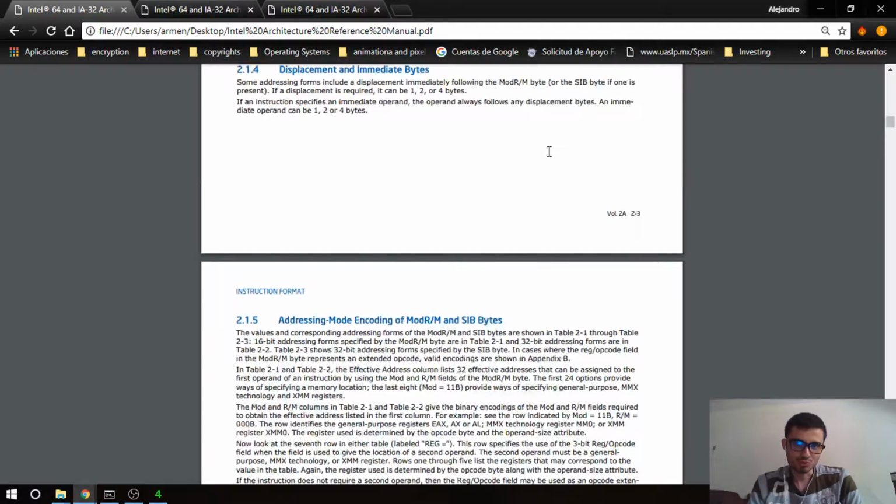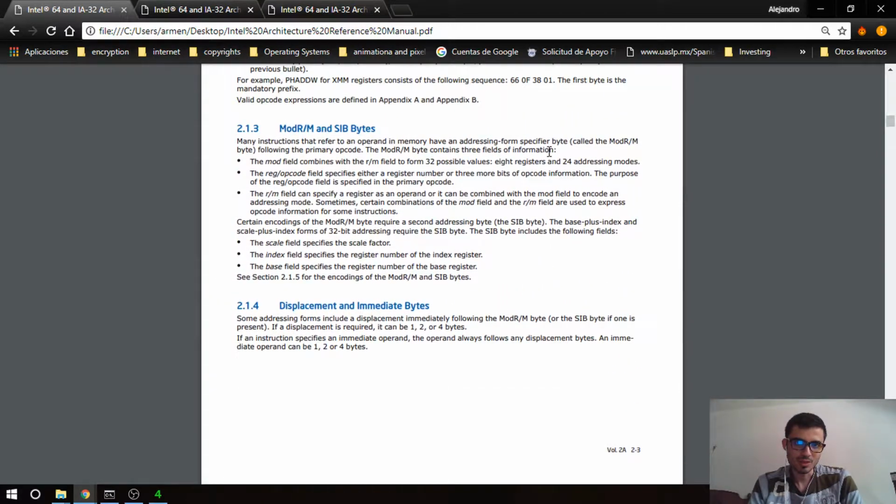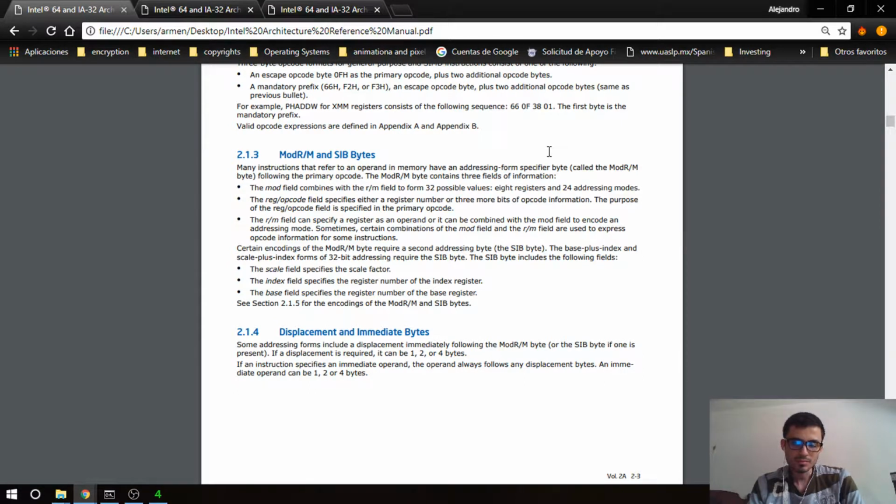Let me go back. This has to be here. I mean, it all depends, because that answer I'm gonna look at with the primary opcode table, because the primary opcode table first tells me if there are two operands, if any, because the mod thing doesn't tell me anything about the operand count.